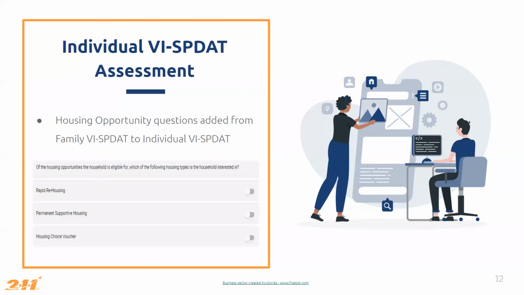For the individual VISPDAT, we have taken the housing opportunity questions from the family VISPDAT and added them to the individual VISPDAT. So you will be required to answer which housing type the household is interested in, whether that be rapid rehousing, permanent supportive housing, or the housing choice voucher.